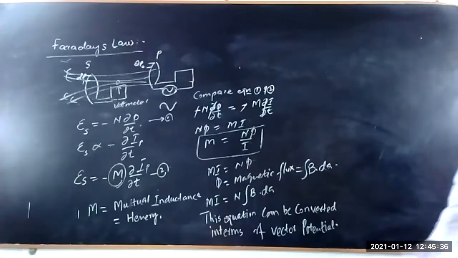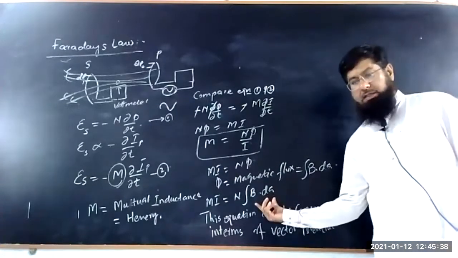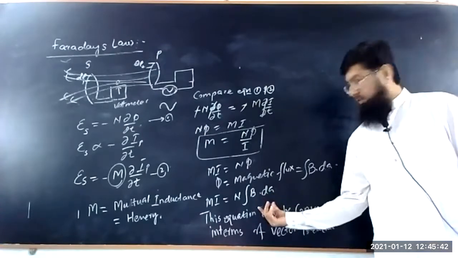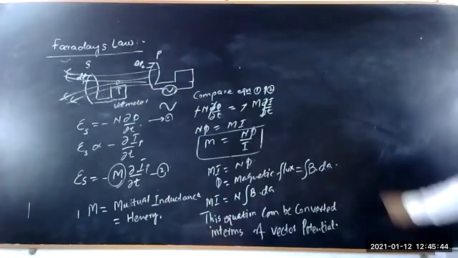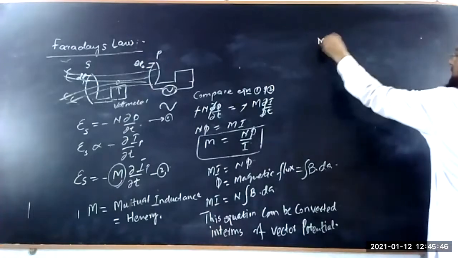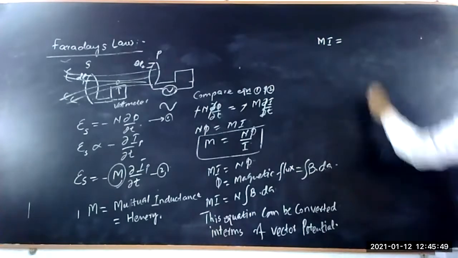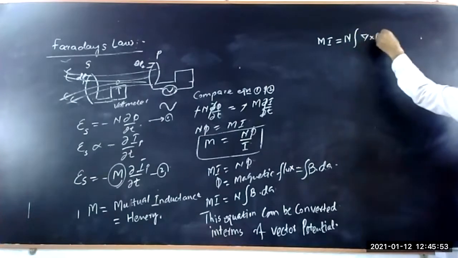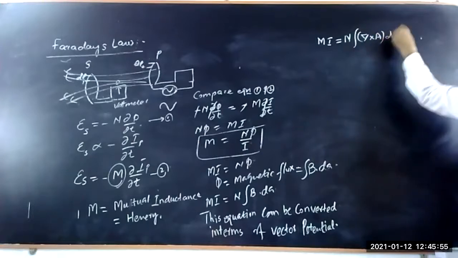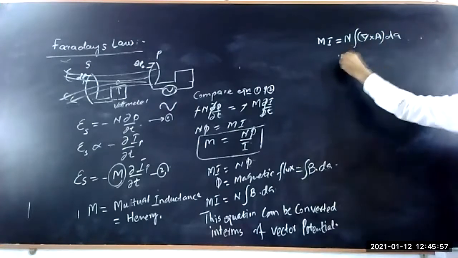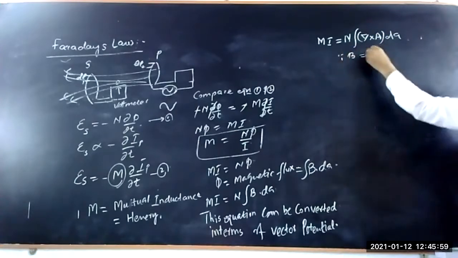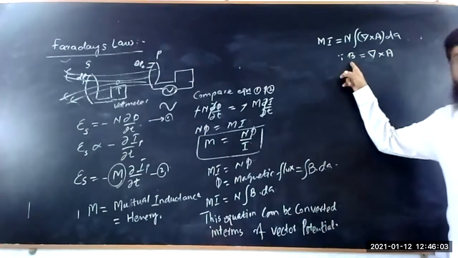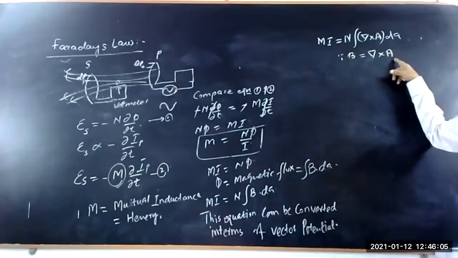This equation can be converted in terms of vector potential. So now here Mi is equal to N, B is equal to curl of A into dA, because B is equal to curl of A. Magnetic field is equal to the curl of vector potential.